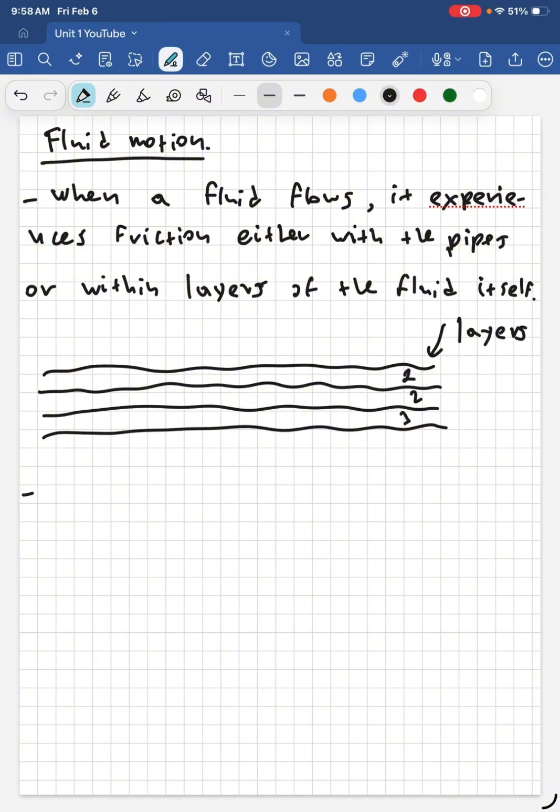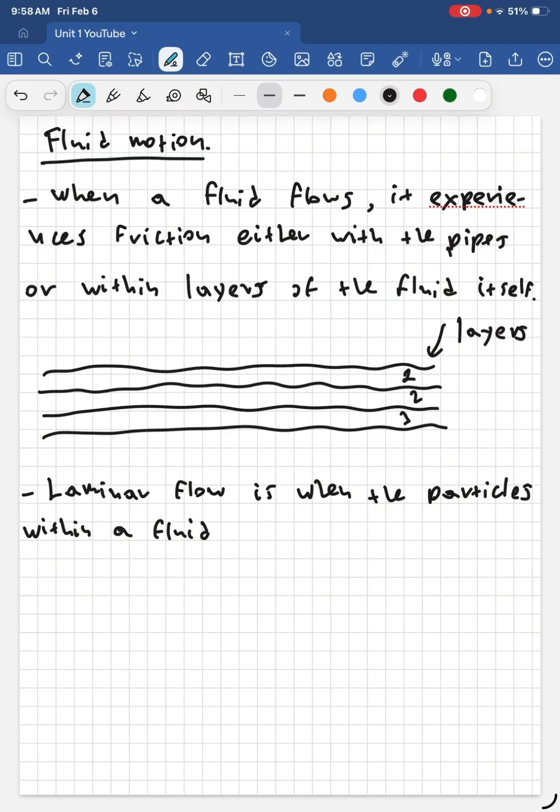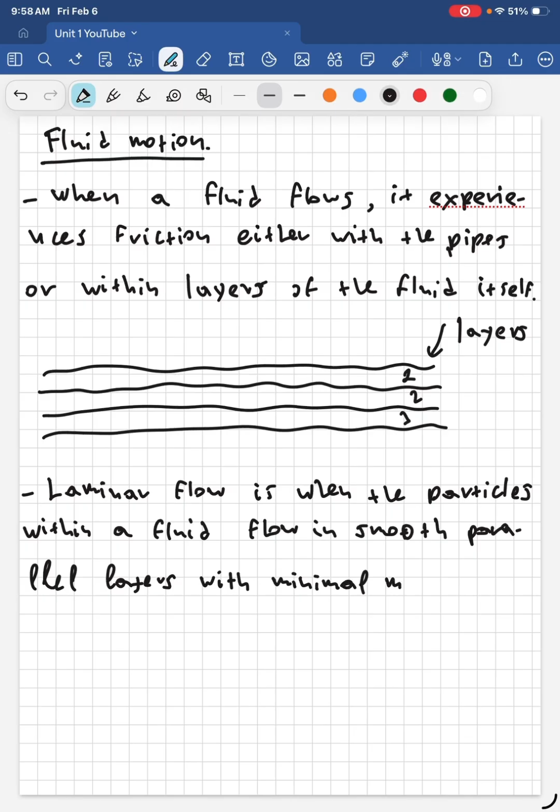Let's start by talking about laminar flow. Laminar flow is when the particles within a fluid flow in smooth parallel layers, with minimal mixing and friction between them.